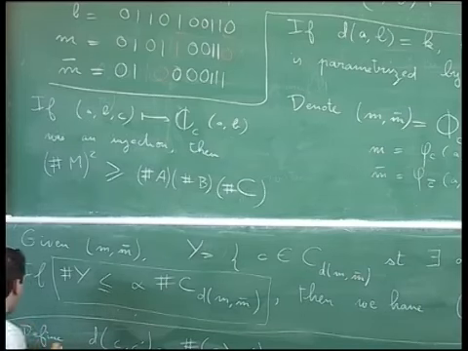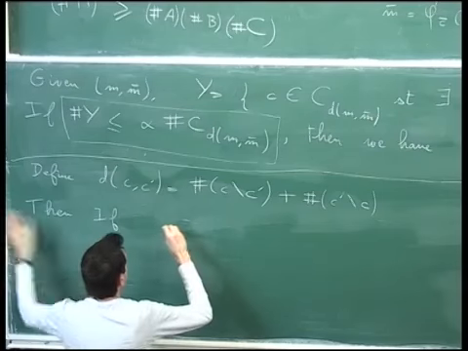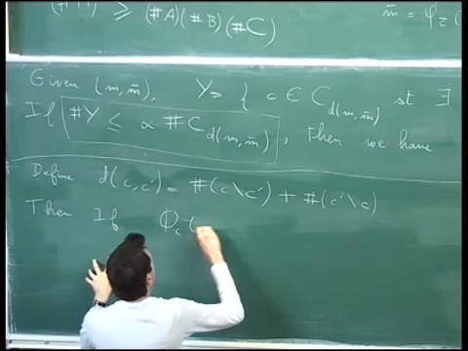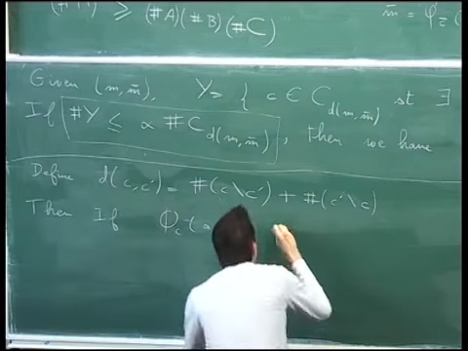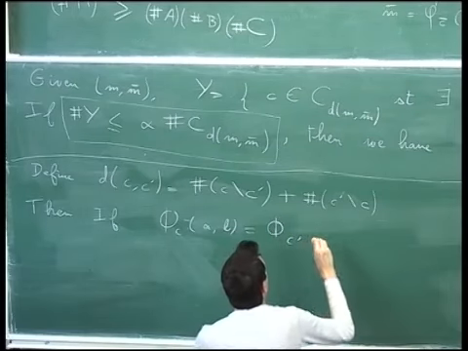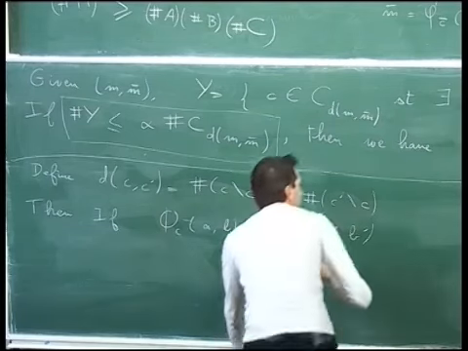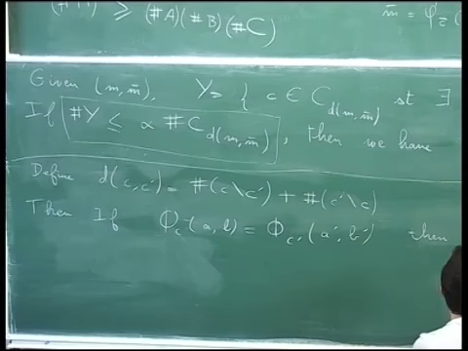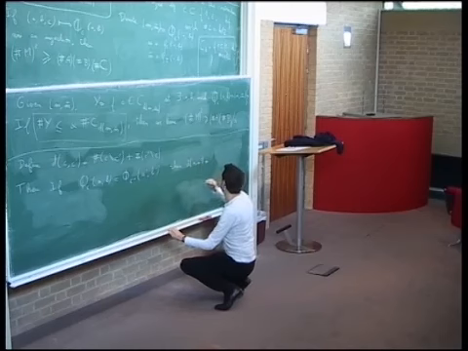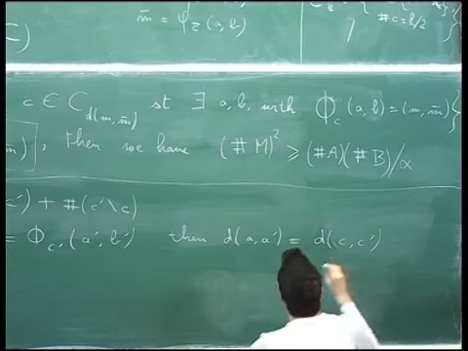So if you have phi C of AB equal phi C prime of A prime and B prime, then the distance between A and A prime is equal to the distance between C and C prime.